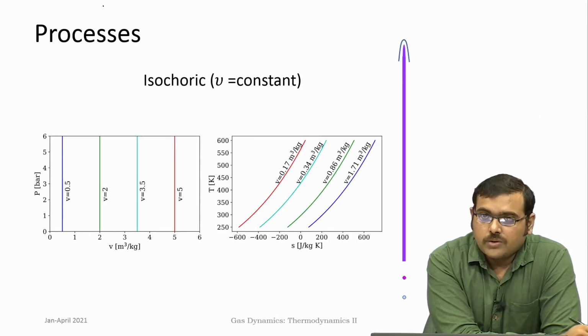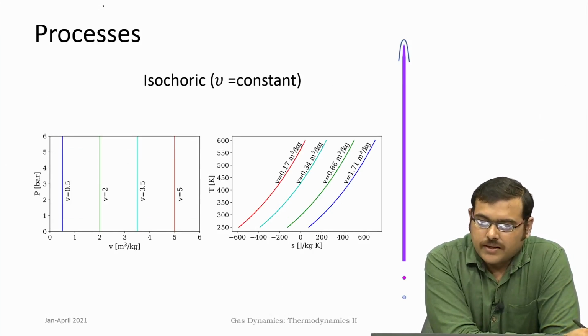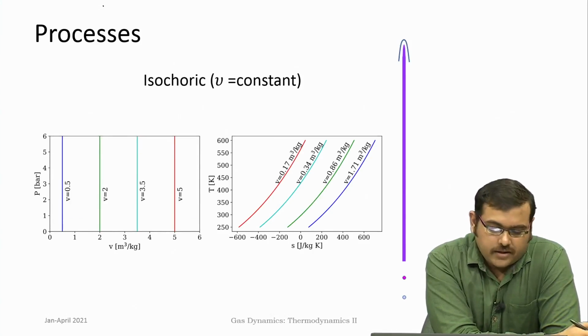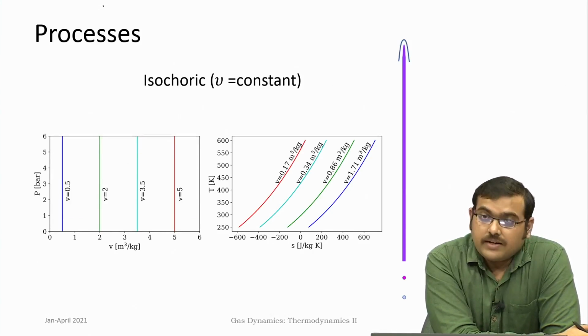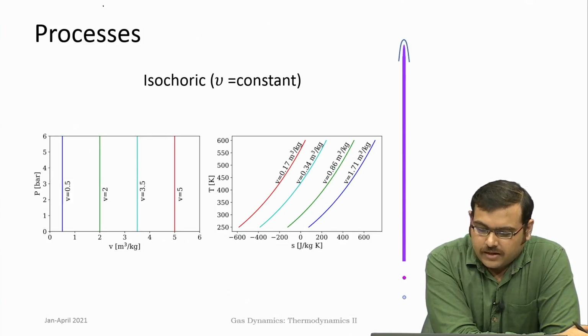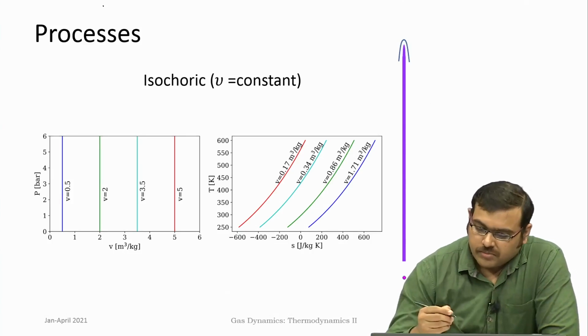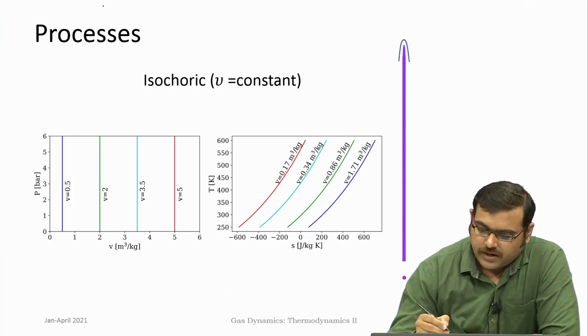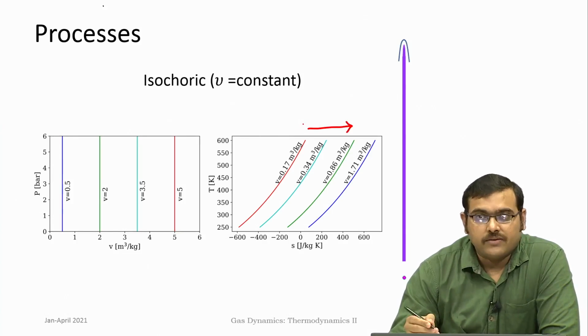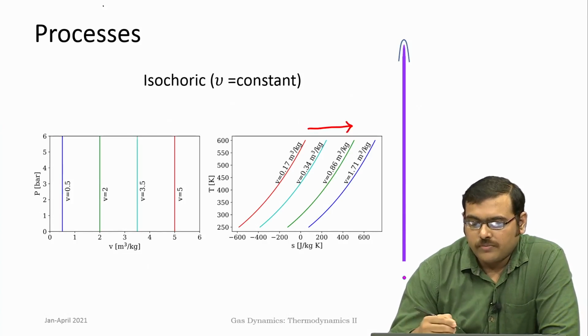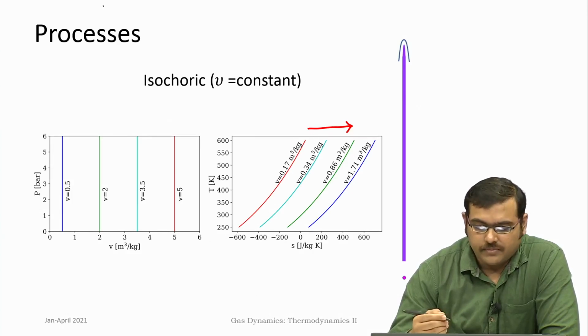Now isochoric processes are processes where the specific volume or density is held constant, and in a PV diagram they are vertical lines, and in a TS diagram they are curves again, and the curves are in such a fashion that as you go from left to right, increasing in entropy, the specific volume will increase. The specific volume increasing means density is decreasing.